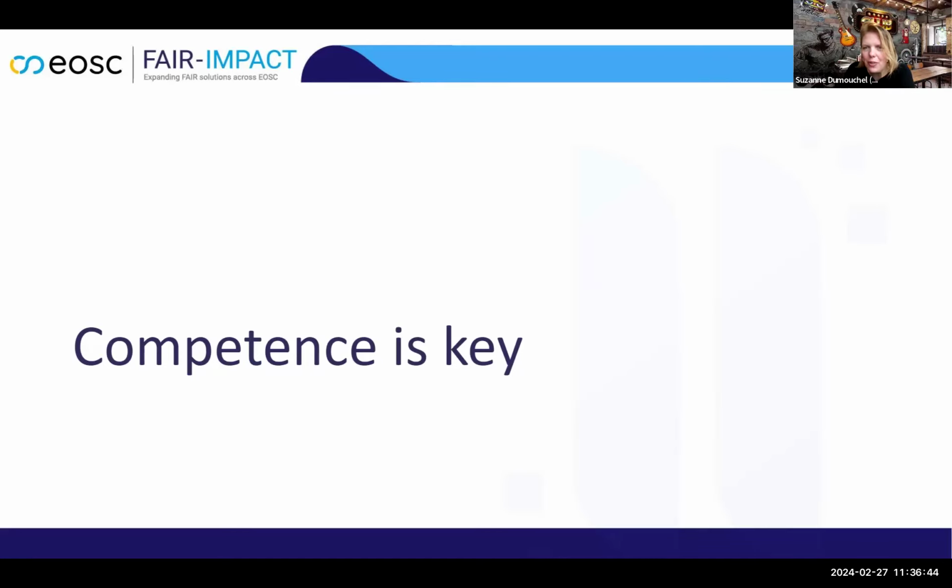Joanna also asked if there is one competence center in the Netherlands. There is not a single one in the Netherlands, and we are trying to onboard them all. This is a good example because the Netherlands is a country where we have more than one competence center. Many disciplinary and institutional competence centers exist.